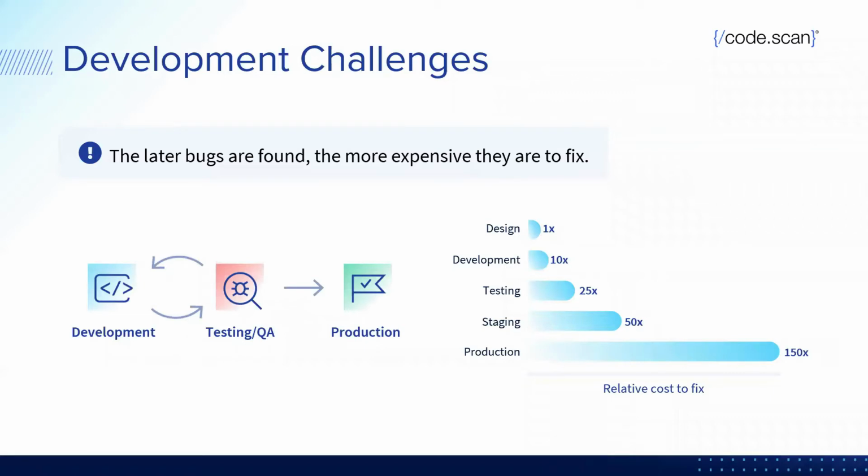Okay, so on to our development challenges. What we're trying to avoid is this loop here. So we all know in development, we're writing the code, and once we've finished writing the code, we're pushing it to a testing or QA environment. There might be other things between that, but generally, we're testing that code, and if it's not up to scratch, it's pushed back to the developers.